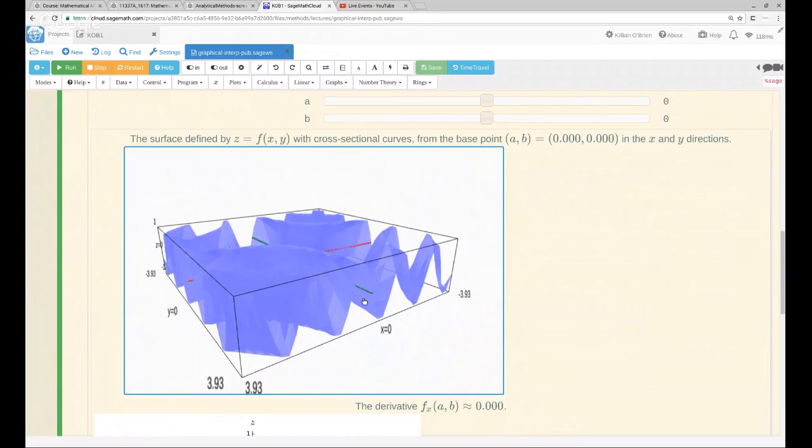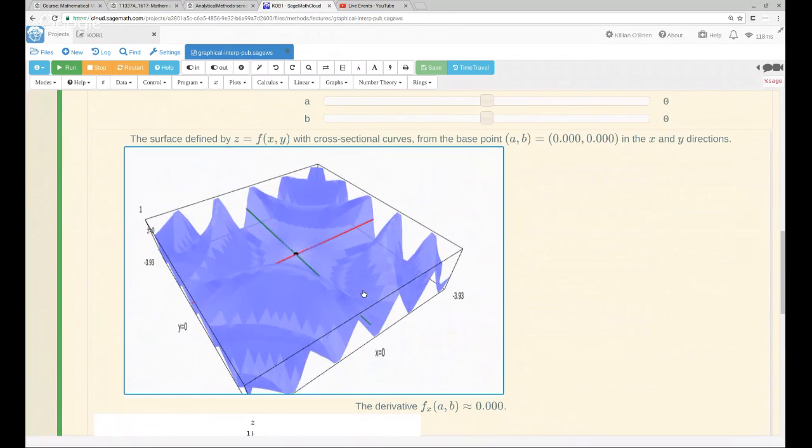At the moment, I've got these two bars here, a and b. At the moment, I'm focusing at the base point at the origin, so f of (a, b). So the level of the surface there is actually 0. What is sine of 0 times 0? Sine of 0 is 0. So the level of the surface there is 0.